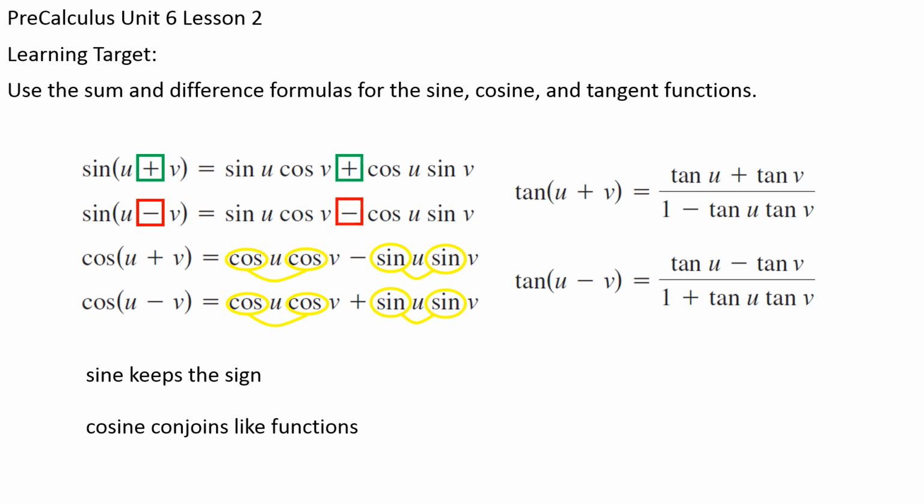If you're working with cosine of u plus v or cosine of u minus v, it'll keep the functions together, but it'll scramble the addition and subtraction. Tangent is not quite so much a major focus. We might touch on it here and there, but sine and cosine will be where most of our study goes into.